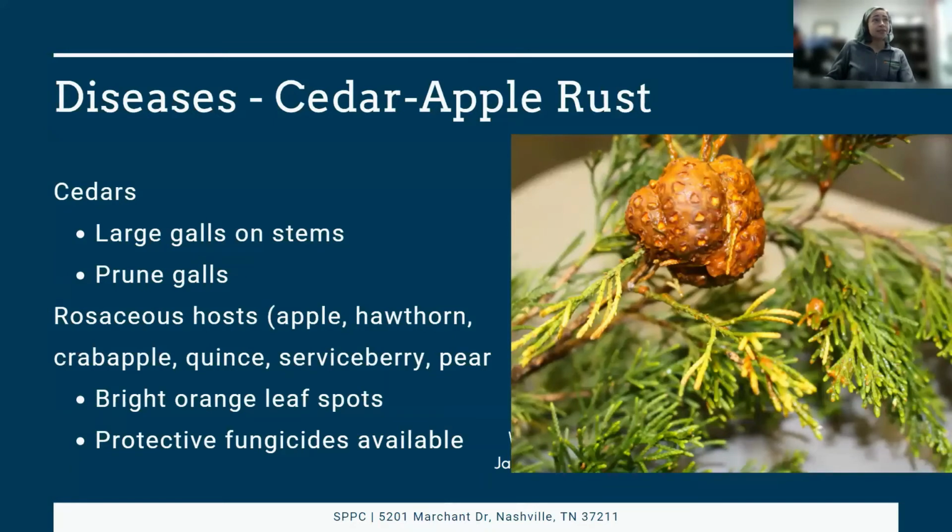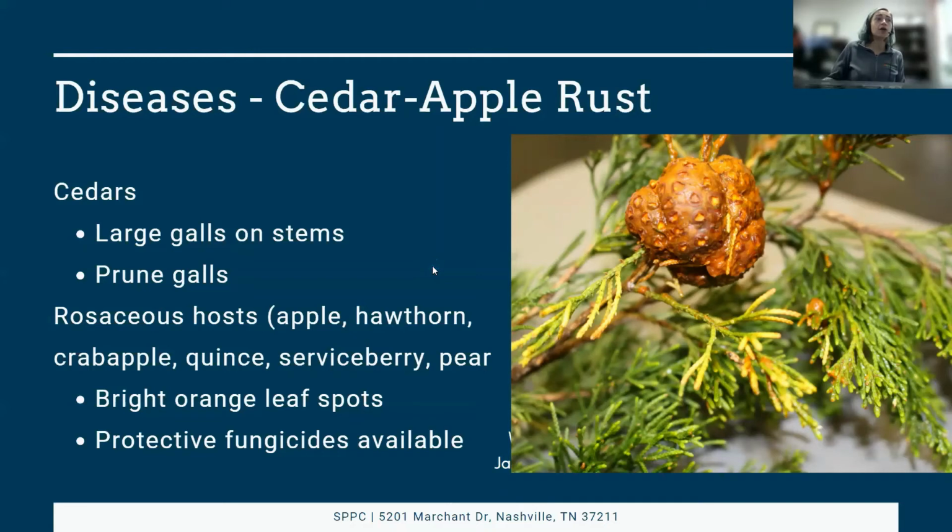Another really common disease is cedar apple rust. We will see these sorts of tumorous galls on cedars starting in the early spring once we get some nice wet weather and warmer temperatures. The best thing to do when we see these galls on our juniper, on our cedars, is to prune them off, because once these start producing spores, they will spread to our rosaceous hosts, which this pathogen has a really interesting relationship with.